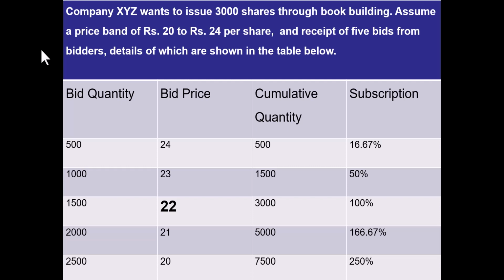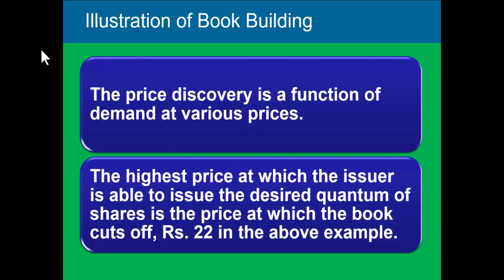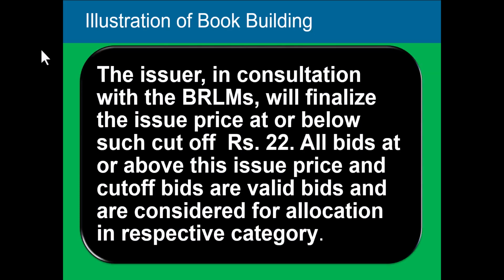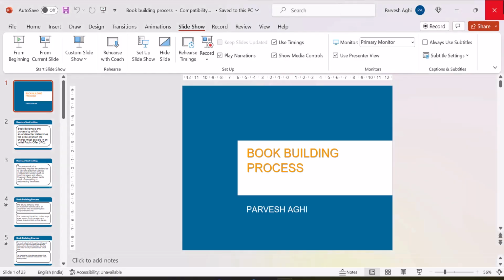So the first person who has applied for 500 will get shares at 22 rupees. The second person who has applied for 1,000 shares will also get them at 22 rupees. And finally, the 1,500 who has applied at 22 will get them at 22. So this 22 becomes the issue price. Okay. So this is called the book building process in short.